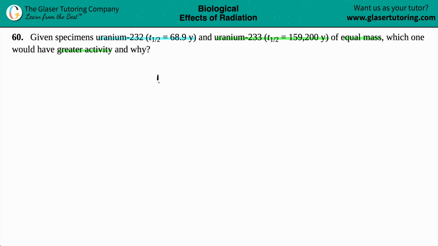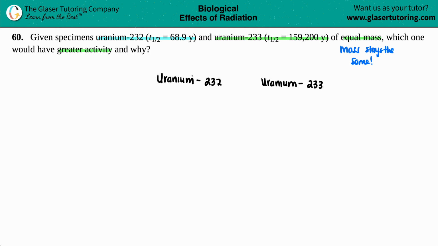So if we're talking about uranium-232 and uranium-233, they both said that they had equal mass, which means that the masses for both of them are going to stay the same. So if the masses for both are the same, that doesn't really have anything to do with activity.